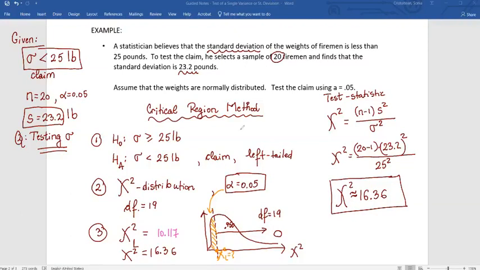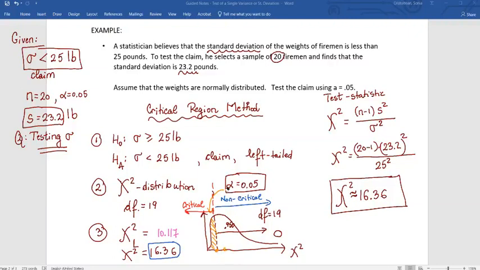So I will simply say the critical region is the one that's far away, to the left, corresponding to the area in the tail, which is corresponding to alpha. This is critical, while non-critical will be here on the other side, the non-critical region. Let's take this test value and see where it falls compared to the critical value.